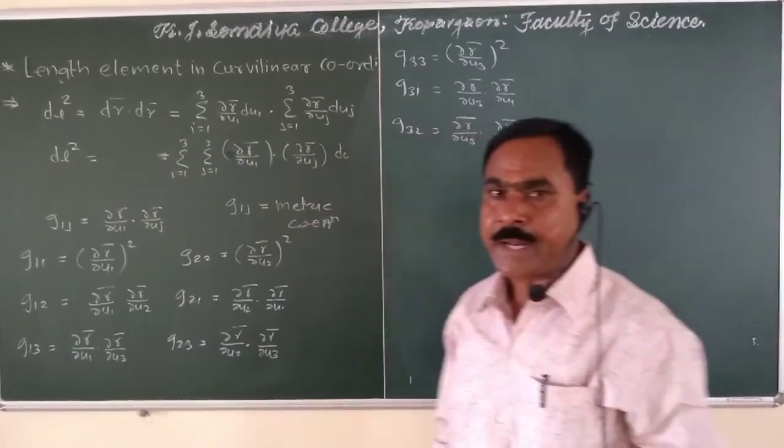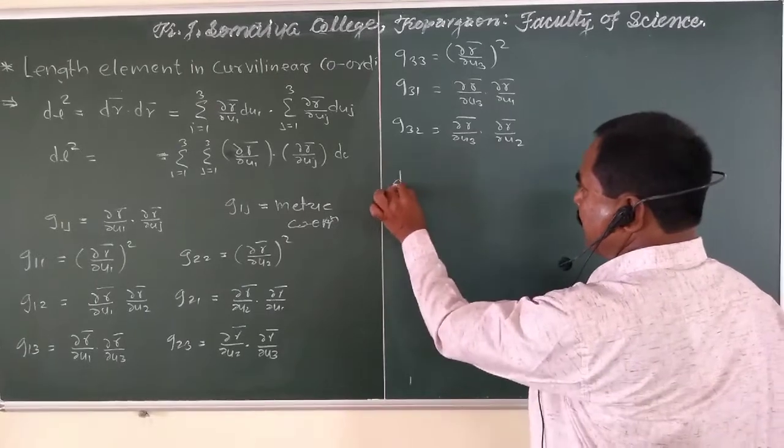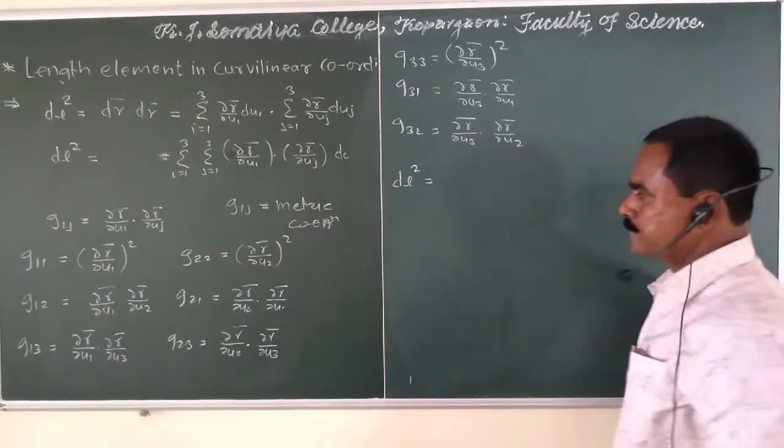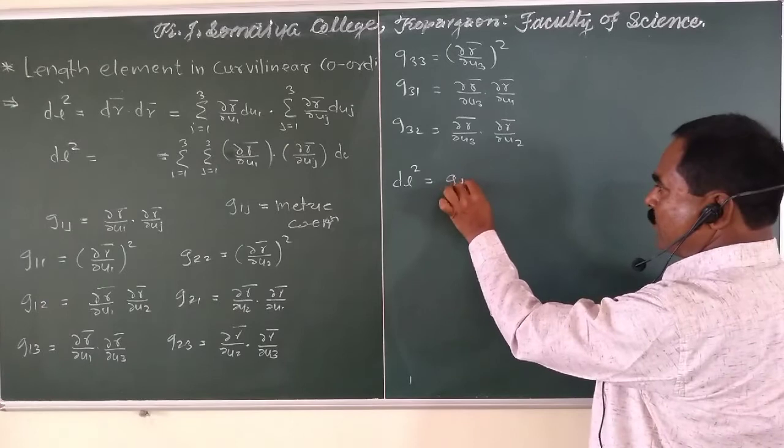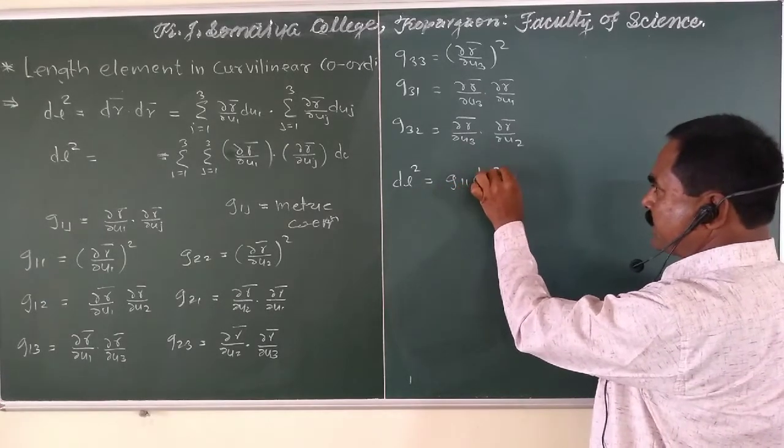So the length element can be written as dl² equal to g11 du1².